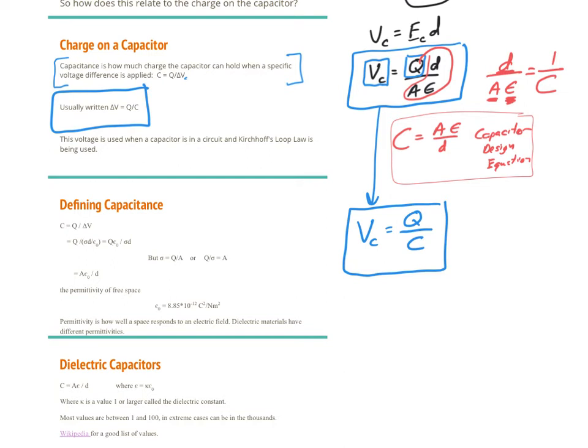And I can rearrange this and solve it for capacitance. Capacitance is equal to charge on the capacitor divided by the voltage across the said capacitor. Okay. And we could go back through the whole thing and get back to the capacitor design equation that way as well.